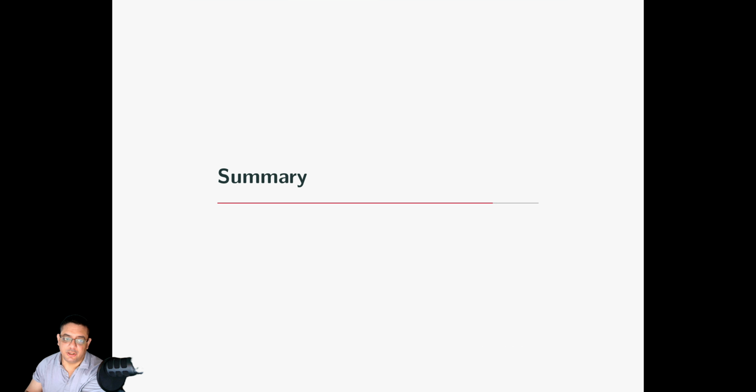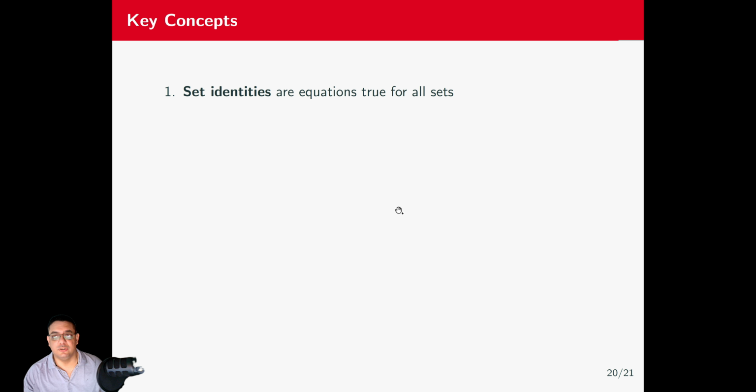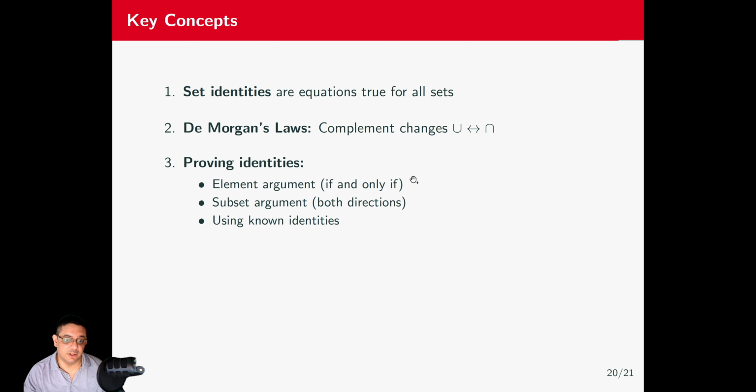Okay, so in summary, we have a bunch of different laws that we introduced. We might have to prove some of these in the exercises. Set identities, you have to remember, are equations that are true for all sets. We have things like De Morgan's laws here, with the complement changing the union to the intersection.